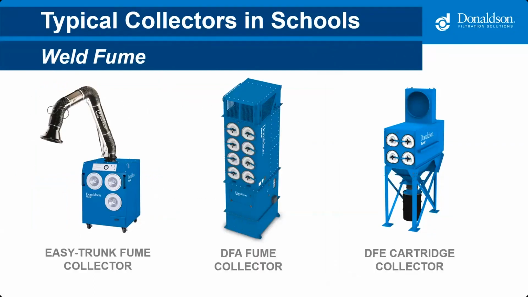So when it comes to school weld shops, the most common will be the portable collector, like the Easy Trunk, the ambient collector, like the DFA, and cartridge collectors like the DFE, shown in the pictures there.